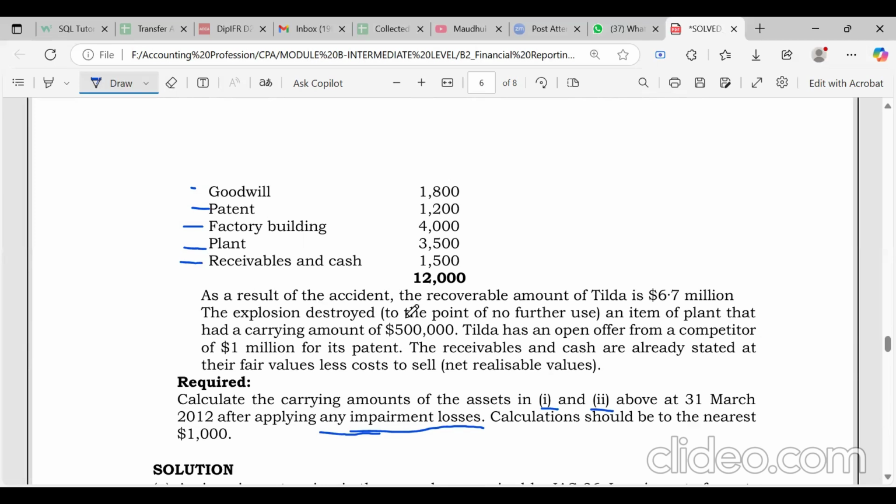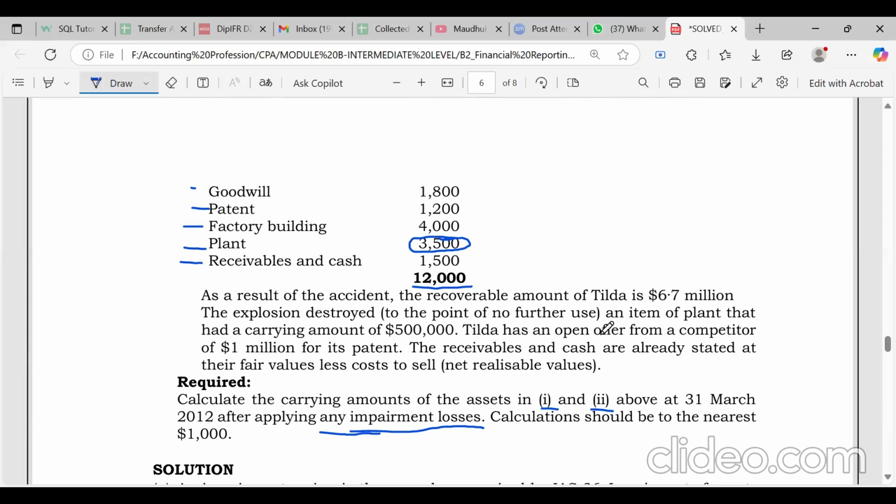As a result of the accident, the recoverable amount of Tilda is 6.7 million, 6,700, instead of 12,000. Now, the explosion destroyed to the point of no further use an item of plant that had a carrying amount of 500,000. So 500 of the plant of 3,500 has been totally impaired, and we have to remove the totally destroyed asset.